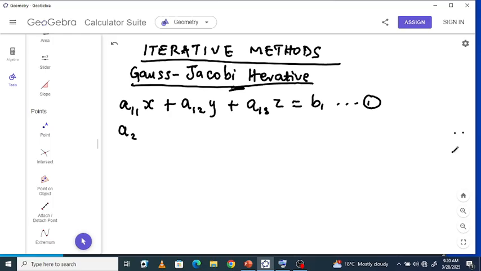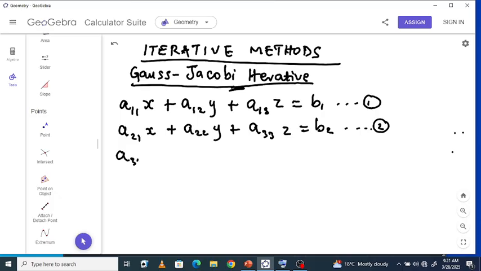Next we have a21 of x plus a22 of y plus a23 of z is equal to b2. We are going to call it our equation 2. And lastly we have a31 of x plus a32 of y plus a33 of z is equal to b3. This is our equation 3.